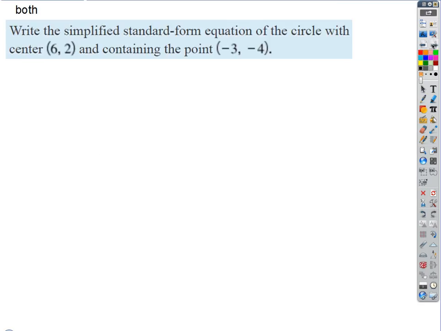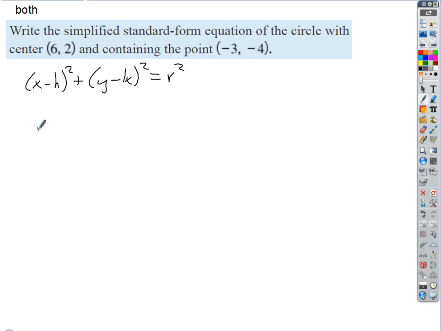Okay, here's an example of a problem that would show up on both the Algebra 2 and the Honors Algebra 2 4.1 practice. Write the simplified standard form equation of the circle with center at 6, 2 and containing the point -3, -4. So once again, x minus h squared plus y minus k squared equals r squared. Well, they're giving us a value of h and k.